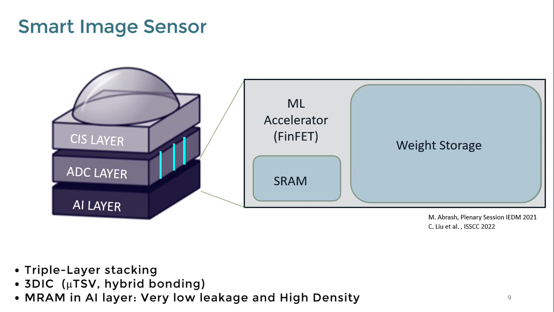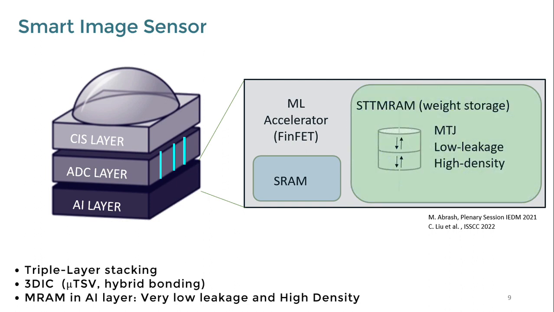In the logic layer, we will have an ML accelerator, of course, SRAM, and also weight storage. We know that current DNNs require a huge amount of weight storage. So if we implement that with SRAM, it will be very costly in power due to the high leakage of the SRAM and in area. So in this work, we propose to use MRAM that has low leakage and high density.